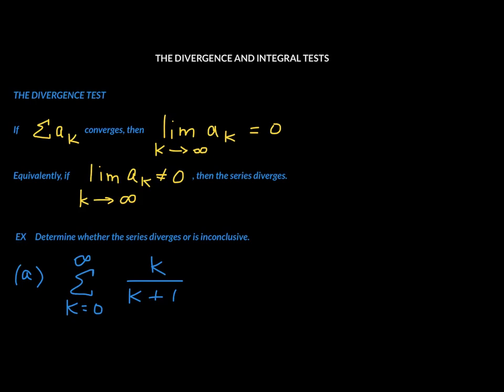Okay, everybody, here's our first example. There'll be 3 or 4 different examples that I walk us through. We have the infinite series k over k plus 1 as k goes from 0 to infinity. We want to know, does this series diverge or is it inconclusive? This is just an example of us using the divergence test.